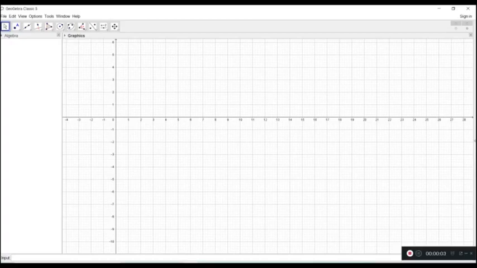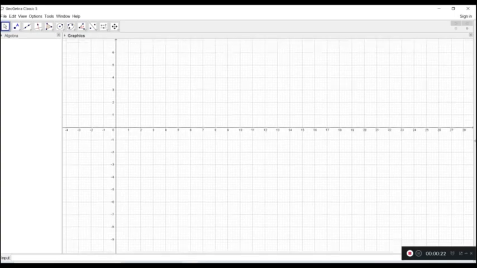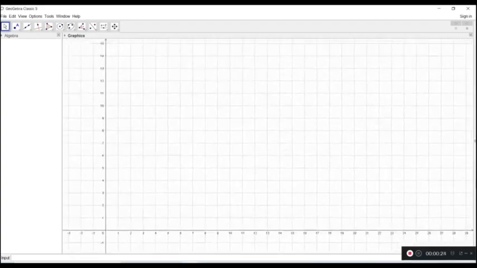Dear students, let us draw the circumcenter of a triangle, and with that center and by using the circumradius, let us draw the circumcircle of a triangle. So here we will take the GeoGebra app. By using GeoGebra, we will draw this.